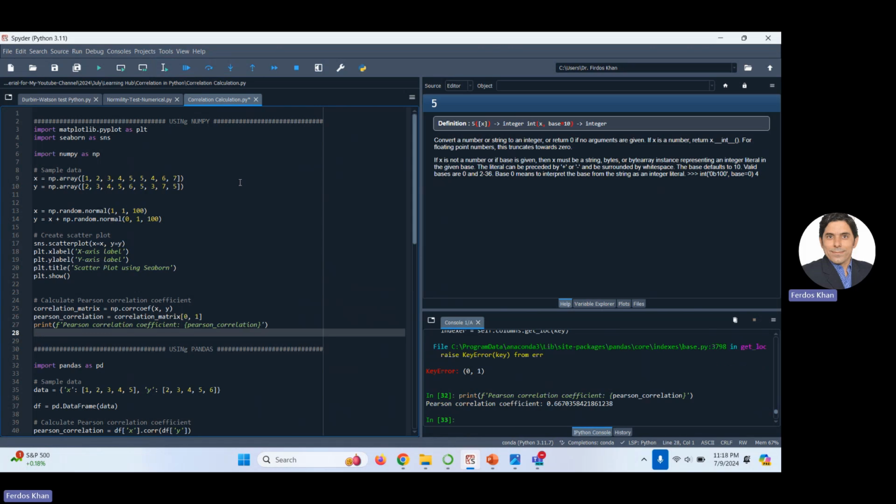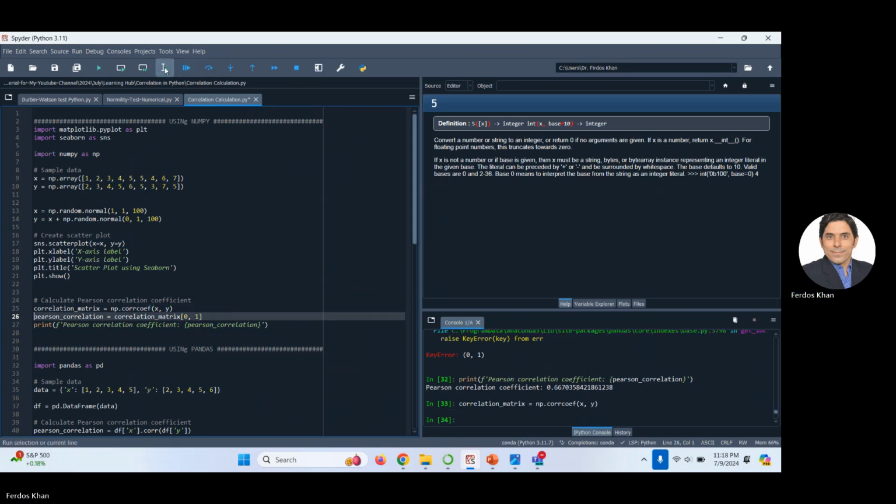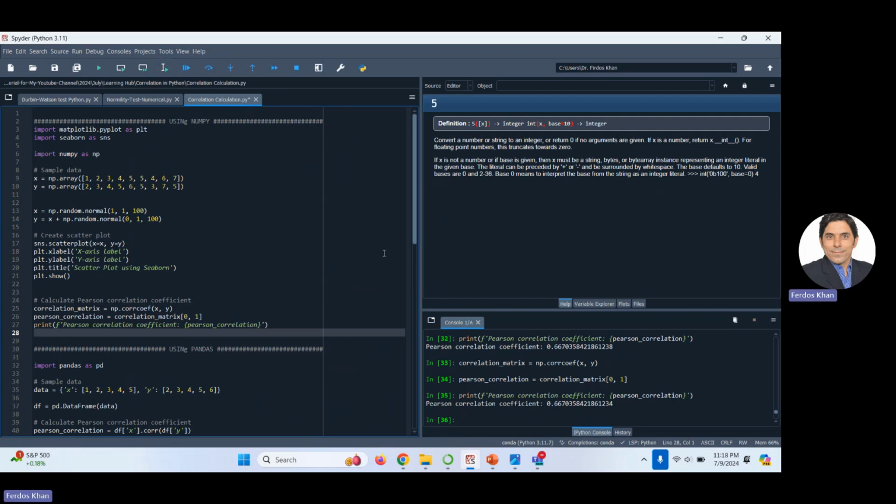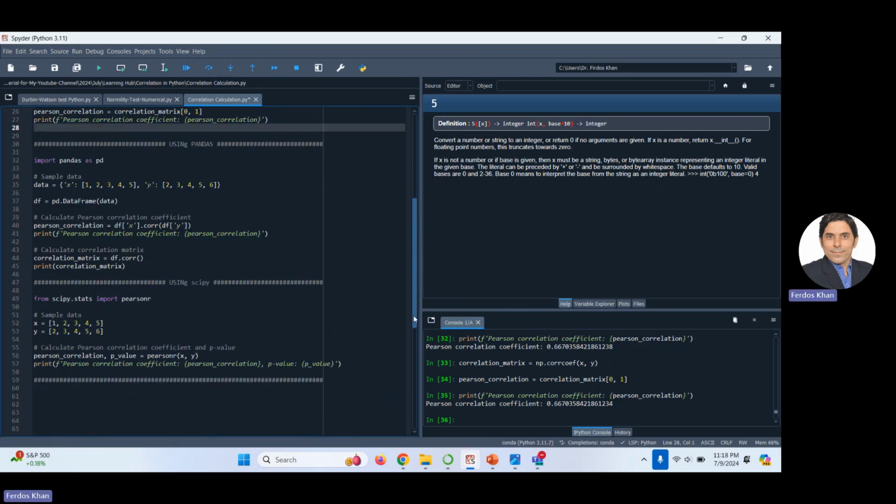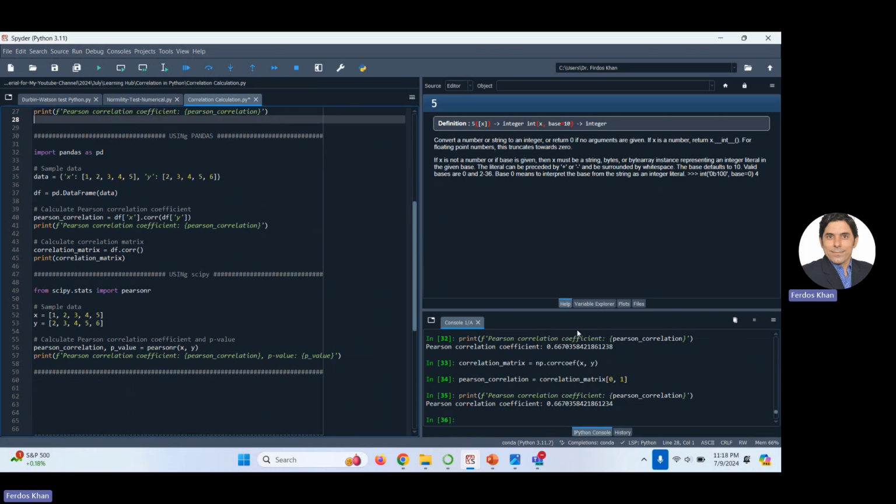Yeah, here also this is okay. Again there is some error, so let's see. Yeah, it's again 0.667. As I already mentioned, when you are generating random numbers, it can be different. In the previous it was 0.75 something, but with the new generated data it is 0.667, and also with the other package which we have done now. So the same values, 0.667 and 0.667.